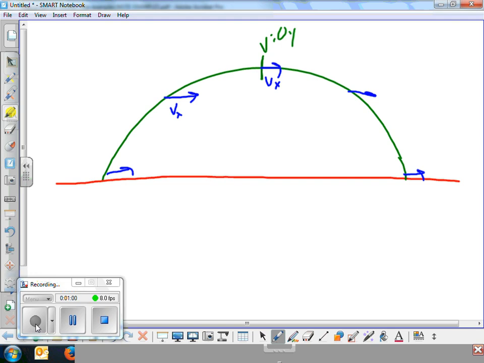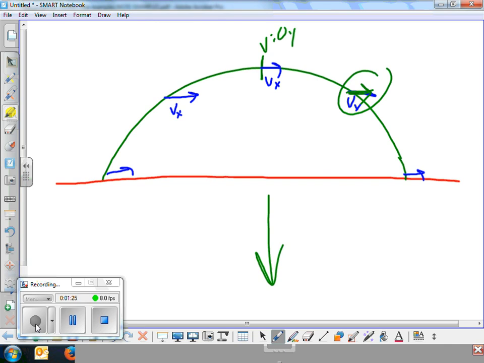Because free fall means the only force on the ball is gravity, and gravity is in that direction, and no part of it is in the x direction. And the x and y stuff are independent of each other. You have to keep that in mind.